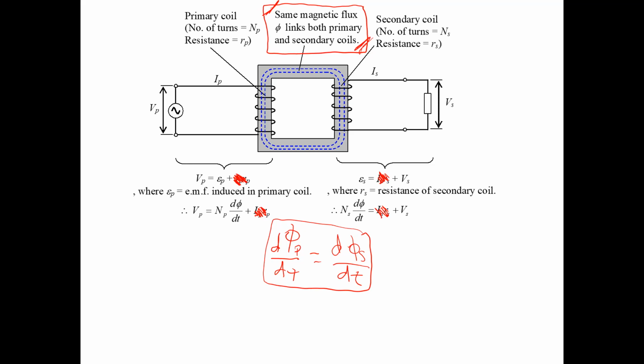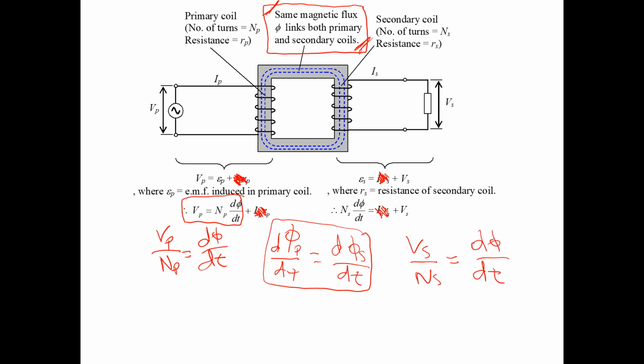So this equation then becomes like that. And if you look at this equation, I can bring NP down. I get VP over NP equals d phi dt. And on the other side, I get VS over NS equals d phi dt.